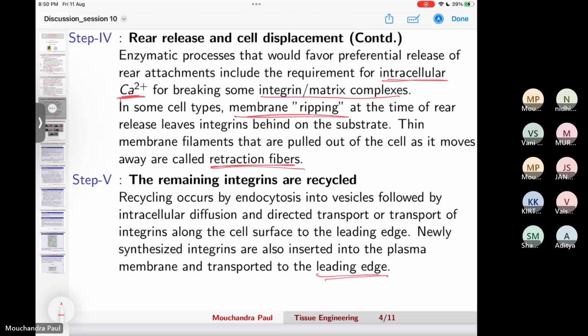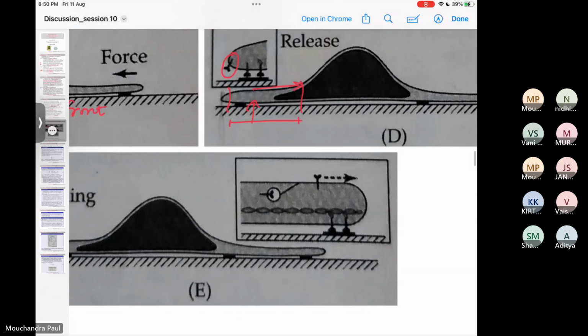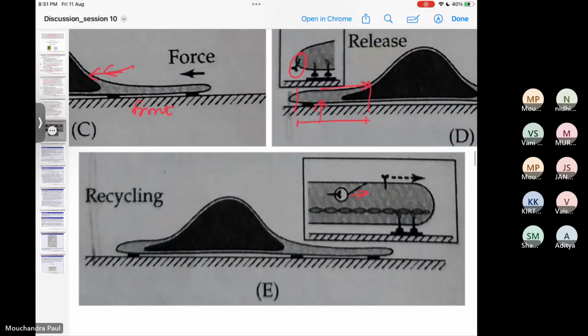Now you can see that the adhesion at the leading edge is more biased, meaning the strength of adhesion is much more than at the rear end, because in the rear end there are fewer integrin receptor molecules and thus fewer focal adhesion points are formed, whereas at the front of the cell, more adhesion points are formed. So in this way, again the same thing will happen.